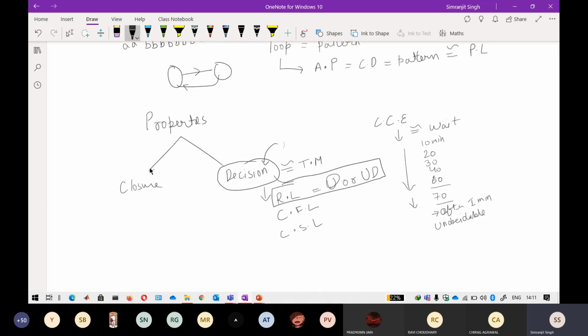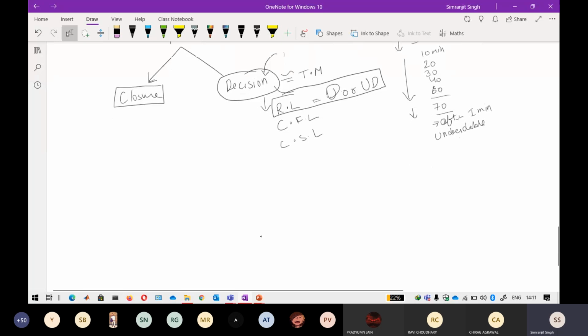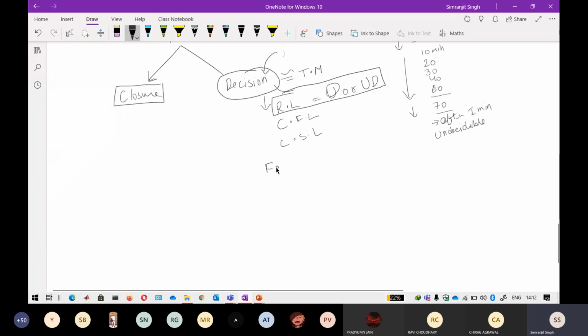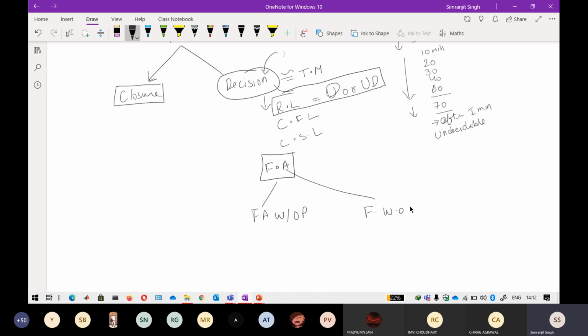Now the closure property. Closure property is written in the third module, but I think it makes more sense now. We are done with most of the module. If you remember, we have done finite automata, that is your acceptor part, and that contains finite automata with output and without output. With output contains your Moore and Mealy, and without output contains your DFA, NFA, and epsilon NFA.